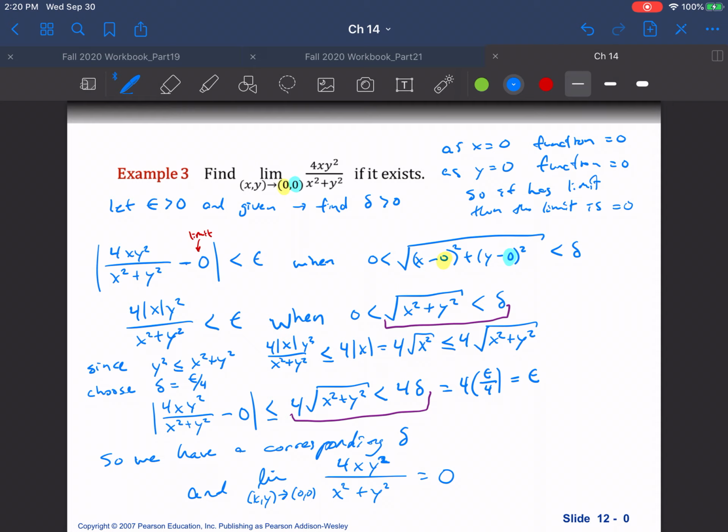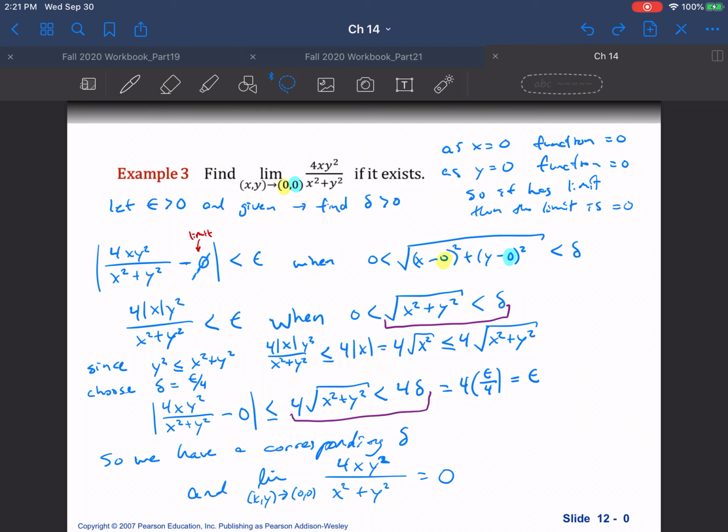Of course, we're plugging in the corresponding x naught and y naught, which I color-coded there with yellow and blue, up there where we're taking the limit. And that has to be greater than 0. So if you look at our 4x squared y squared over x squared plus y squared, this part right here, when we take the absolute value of that, we can get rid of this 0. We don't have to worry about that.